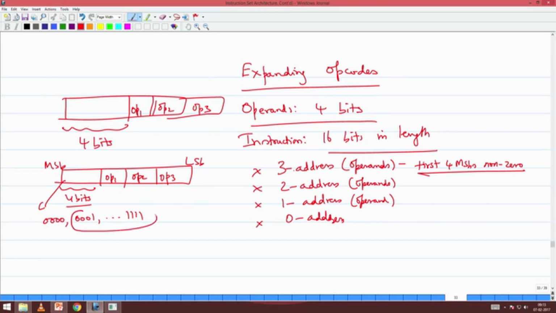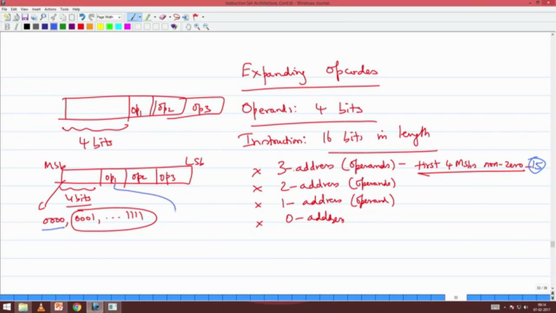If any of these combinations are there, then it is a 3 address operand. If I have all zeros, then it is not a 3 address operand. So by this I will have 15 such opcodes.